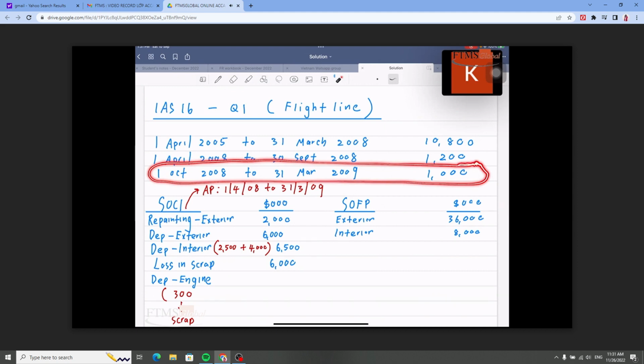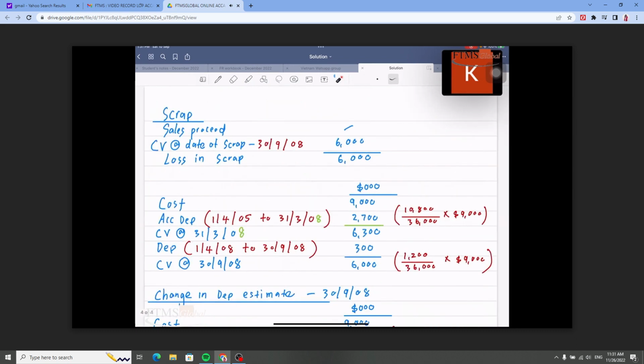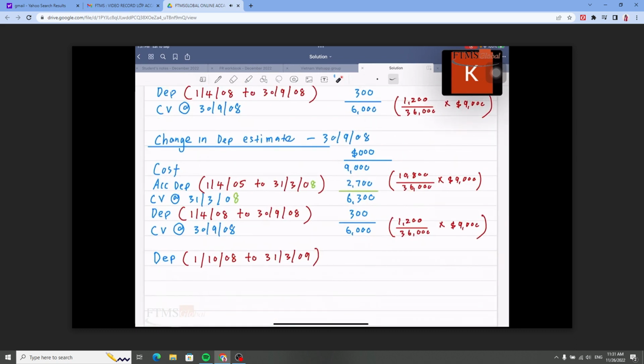Right, so they mentioned the hours now change to what? Change to 15,000, right? Okay, so what I need to do is this. This period is 1,000 hours, but now change to 15,000. Then of course I multiply by this 6,000.